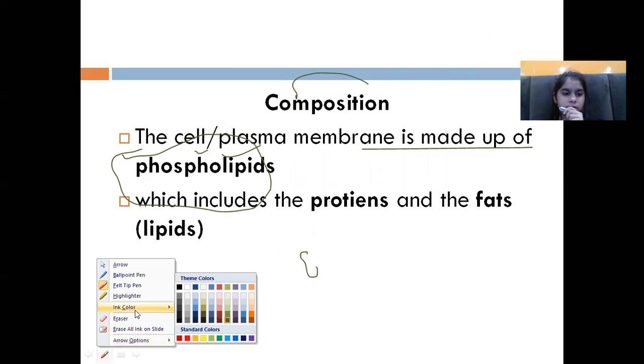So everyone, it's a question to you: what is a phospholipid? Quickly, I'm giving you 5 seconds to search on Google and then tell me. You can write in the comment section if you want.